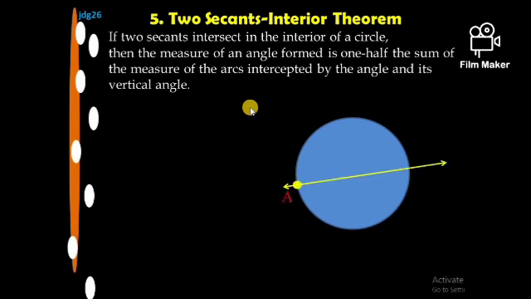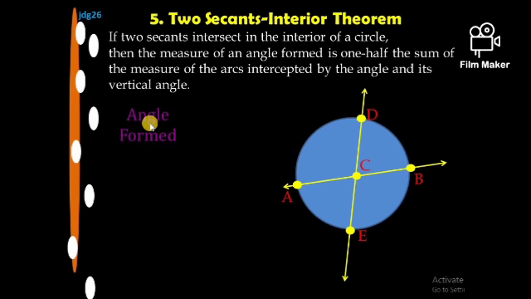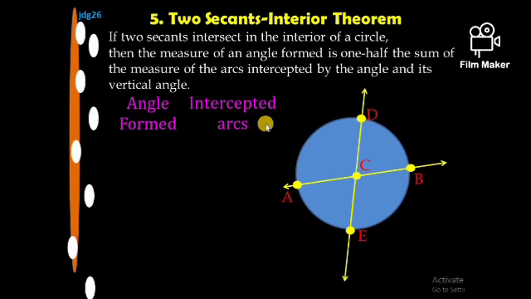So meron tayo dito, first line natin ay secant, which intersects the circle at point A and point B, and another secant which intersects the circle at point E and point D. And they intersect inside the circle at point C. So, alamin natin yung mga angle na na-form at ang kanilang mga intercepted arcs. So, itong first angle natin, we have DCB and its intercepted arc is arc DB.